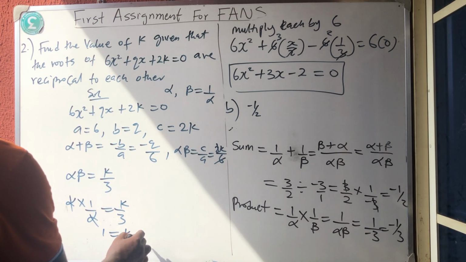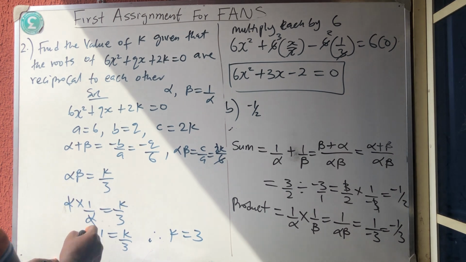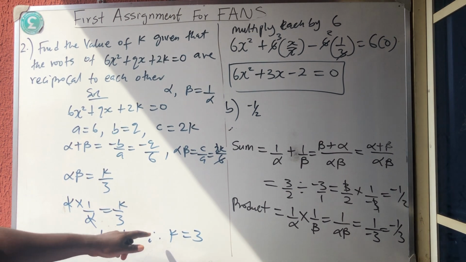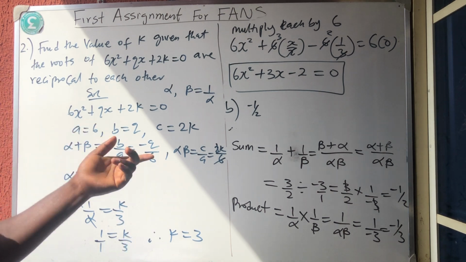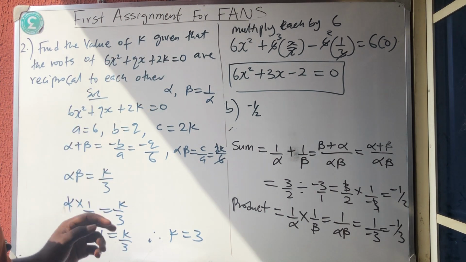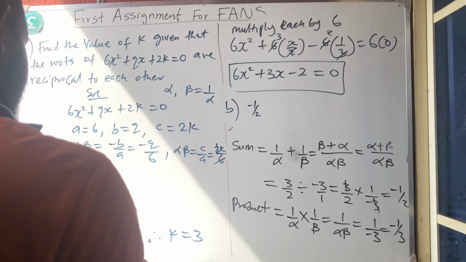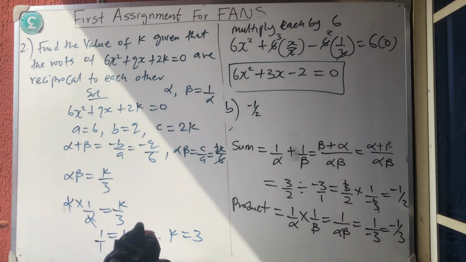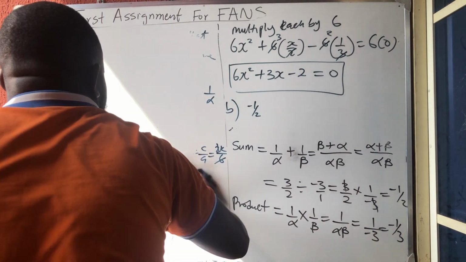Now if I cross multiply, therefore my k is equal to 3. That is if the question is 2k. Are you getting it now? Very, very important, please. So that is that. But the question is wrong, so let's move to the next question.